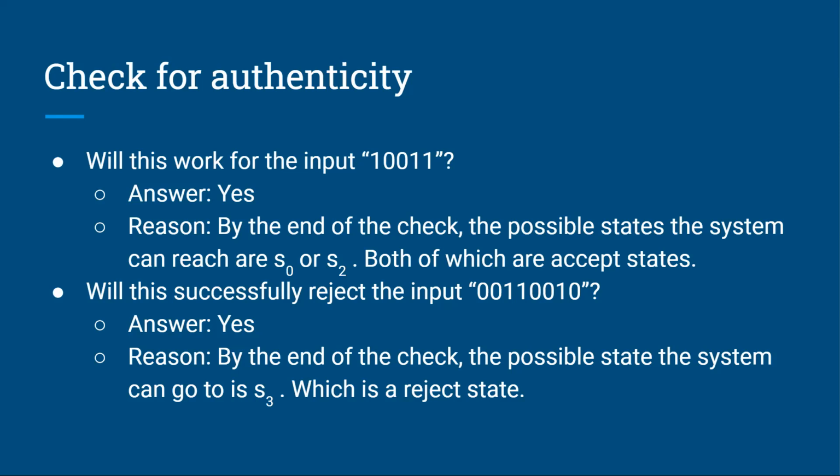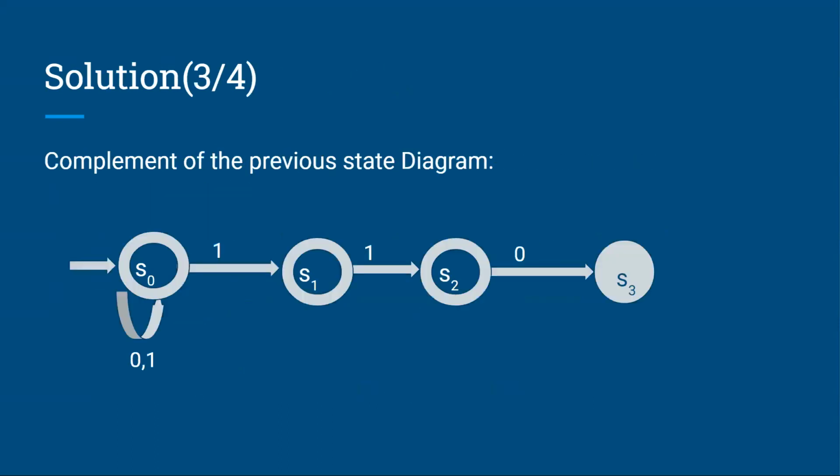Now, coming to the other string that I'm taking here, which is 00110010. For this string, we have a substring which is 110. The NFA has the property that it will reject any string that goes to the sink state at any given time. So when you're checking the given string, let's look at the state diagram itself.